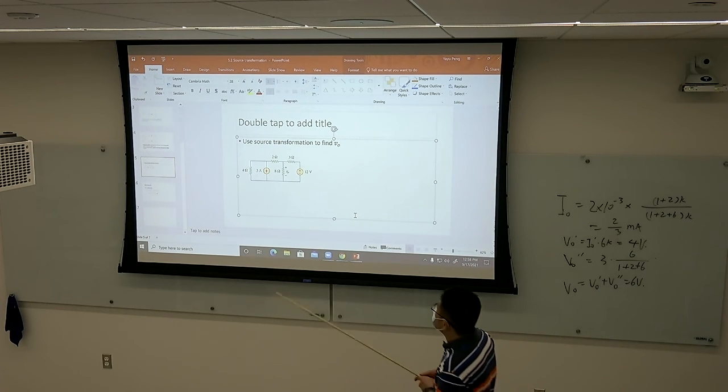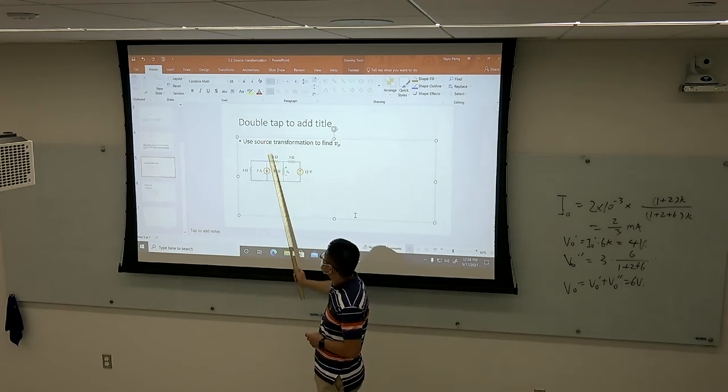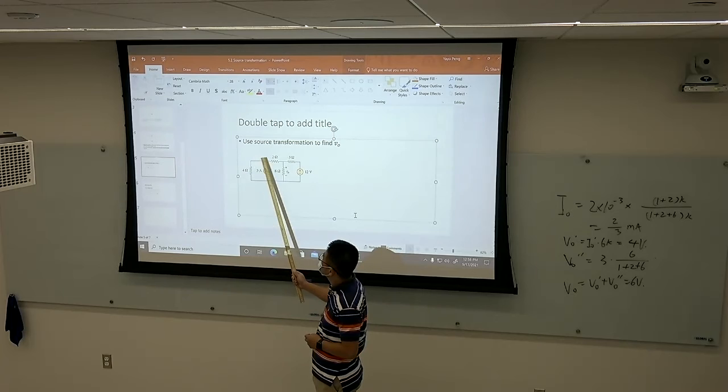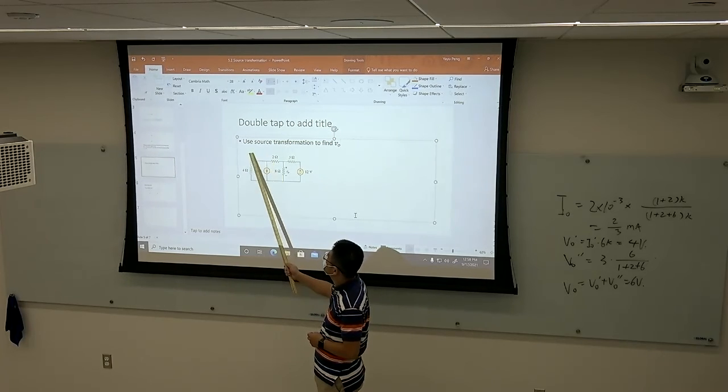So what we do is that first we transform these two, the resistor in parallel with the current source. Convert this one into a voltage source and a resistor. So this resistor is in series with this resistor.